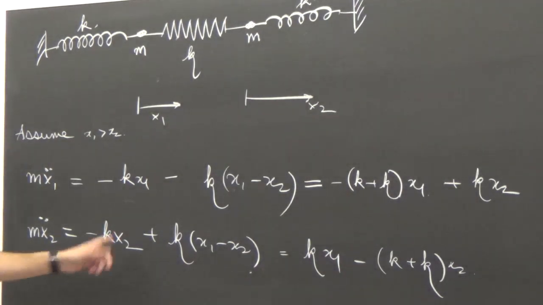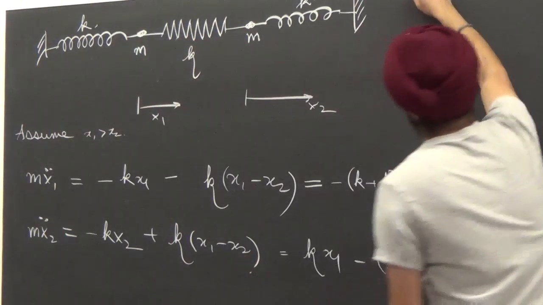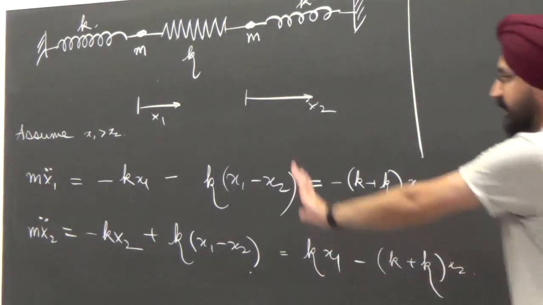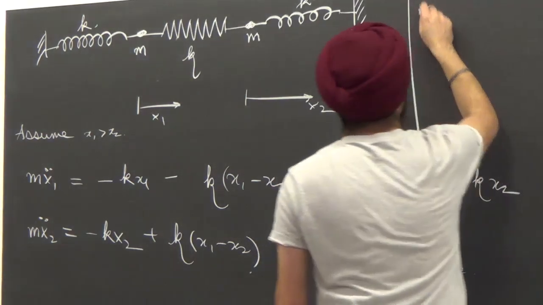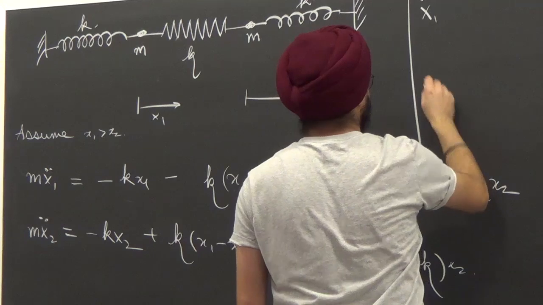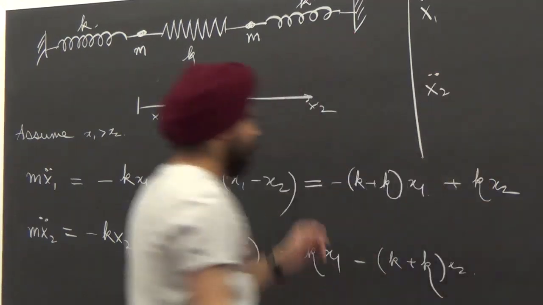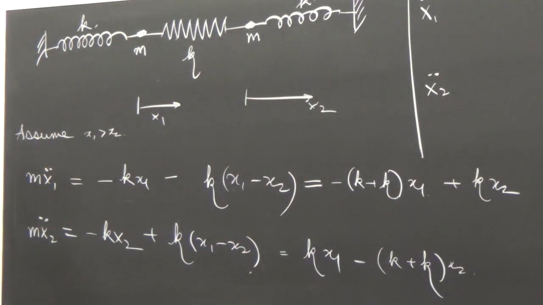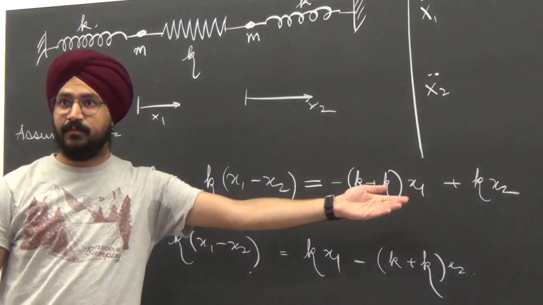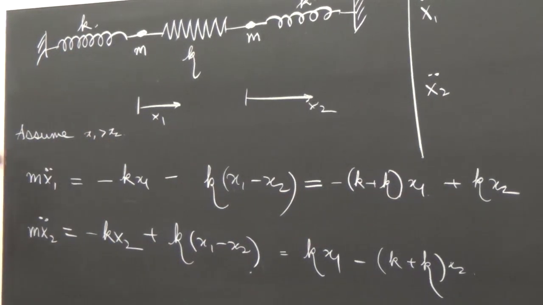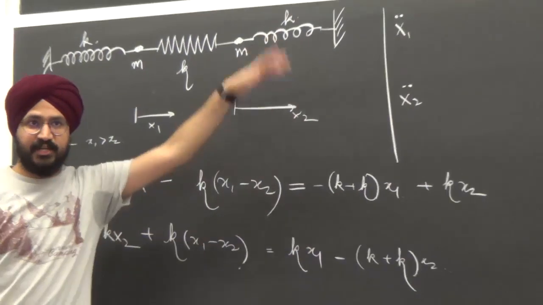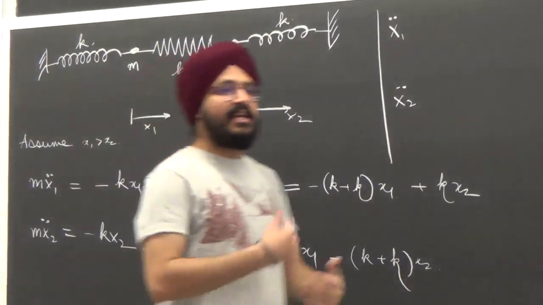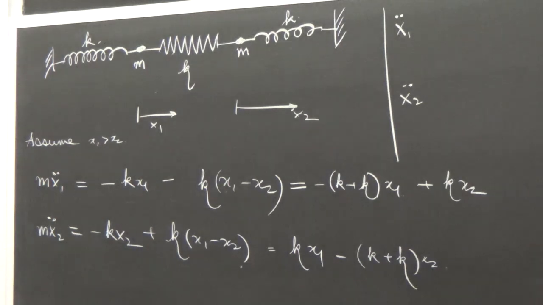Just simple algebra. And therefore, the x1 double dot and x2 double dot are both linear functions of x1 and x2. The mass m gets divided on the right hand side for the x1 and x2 double dots. And they are linear equations. And now I appeal to your linear algebra course.